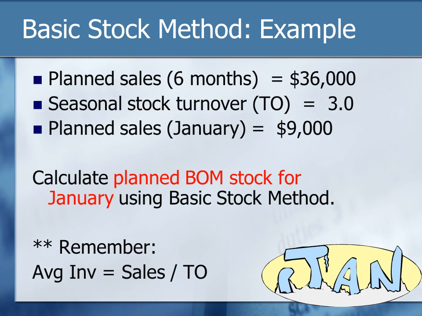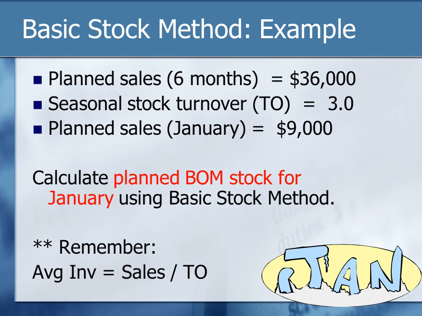So let's apply these steps of calculations to come up with our BOM plan for January in this example. Given the planned sales of $36,000 for the 6 months, so the entire season, and the seasonal stock turnover of 3, and planned sales for the month of January being $9,000.